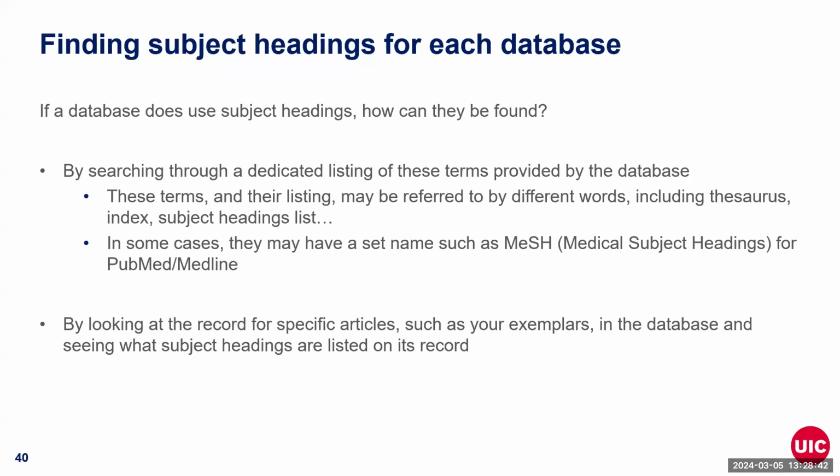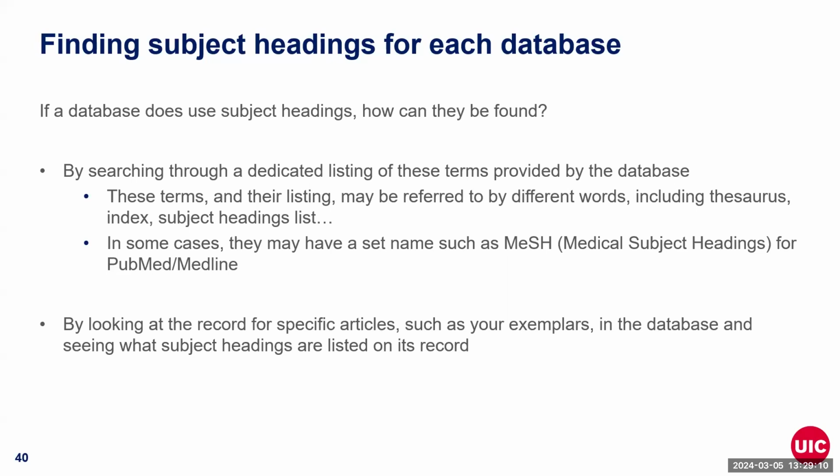So if a database does use subject headings, how can they be found? There are two ways, and we recommend using both, as we did in PubMed in the previous session. One is by searching through a dedicated listing of these terms provided by that database, sort of like a database within the database. These listings may be referred to by different words, sometimes thesaurus, index terms, or subject headings list.